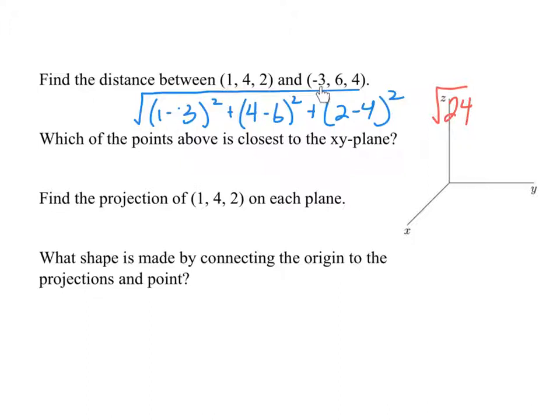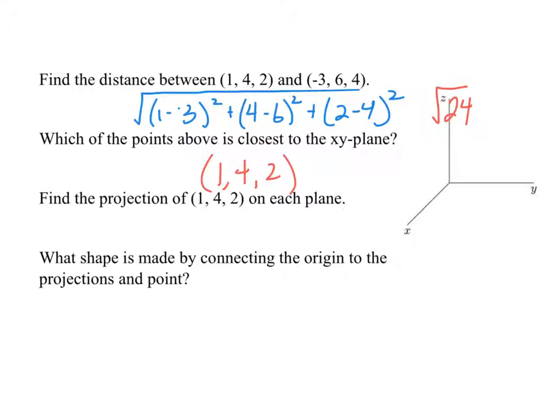Whereas this point goes back 3, over 6, and up 4. The one that's closest to the xy plane, of course, is the one that has the z that is closest to 0. Okay, so it's going to be 1, 4, 2. That's closest to the xy plane.